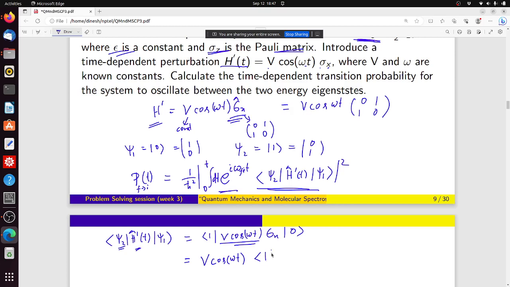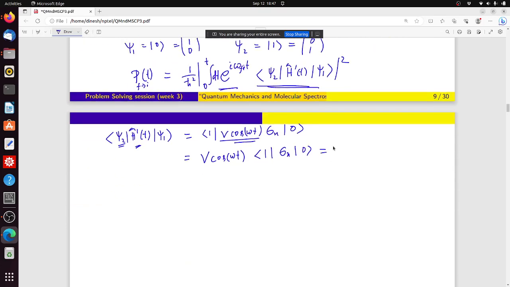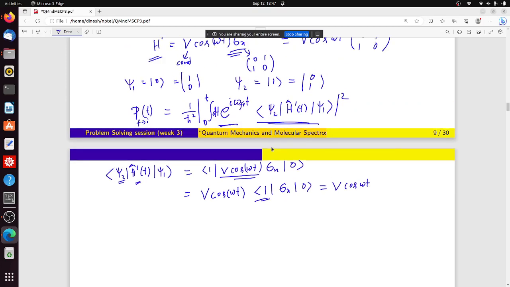Effectively we have to calculate the sigma x element. The bra of state 1 is 0 1, then this matrix 0 1 1 0, and this state I am writing as 1 0.